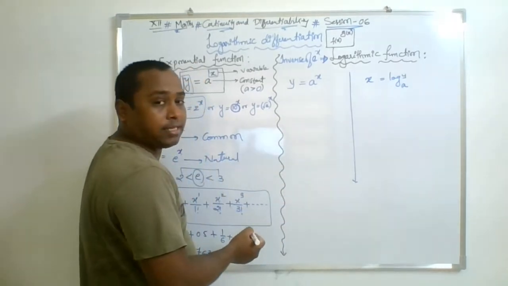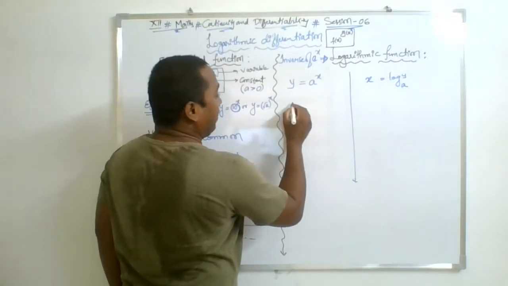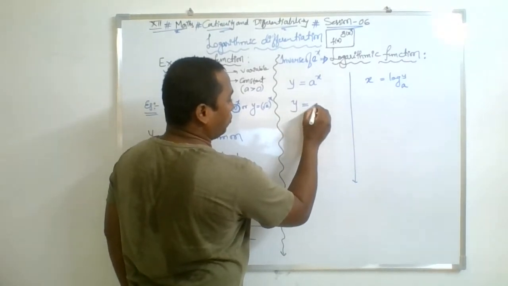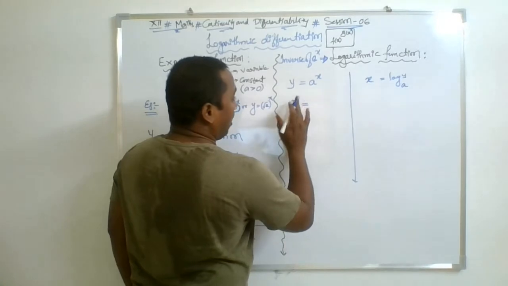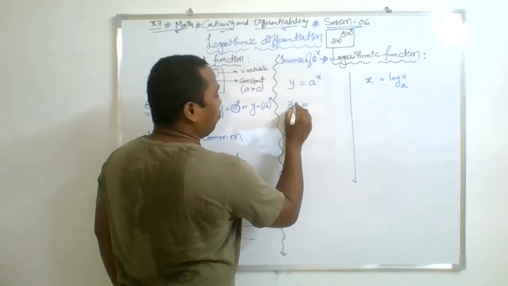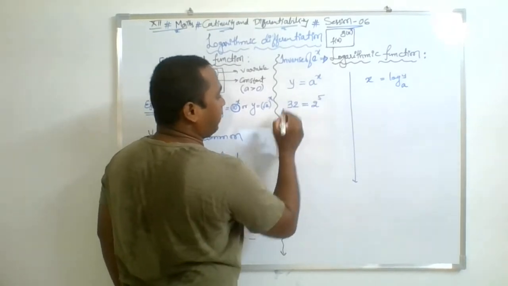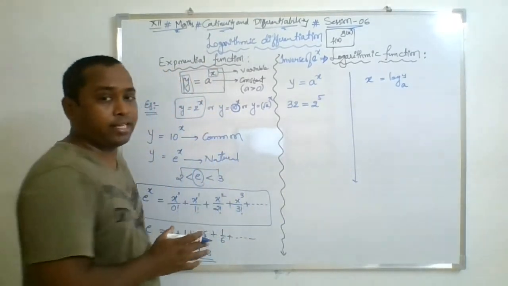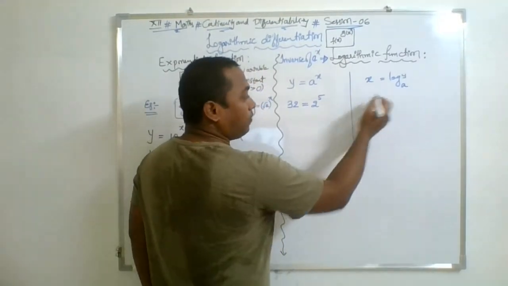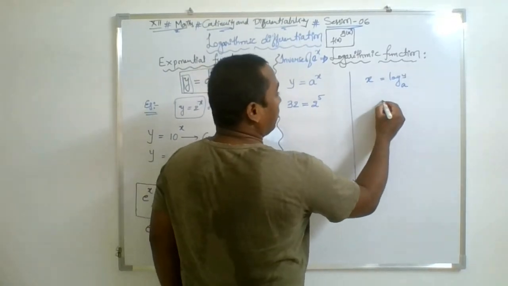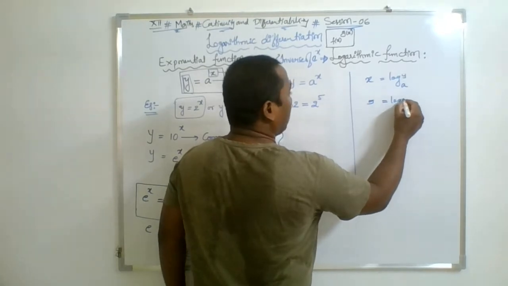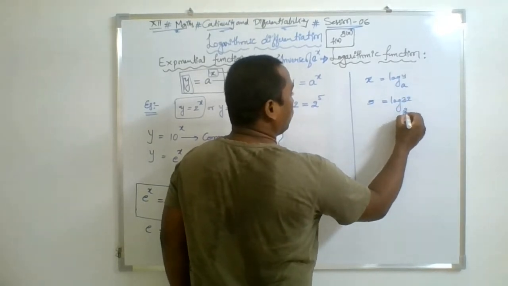Now, what does it mean? We'll take an example to understand more. If I assign some values here, 32 can be written as 2 to the power of 5. This is basically an exponential function. Now the same can be expressed in terms of logarithm, like 5 is equal to log 32 base 2.